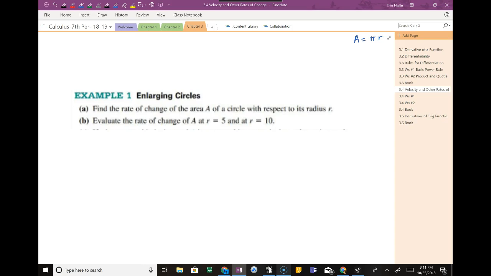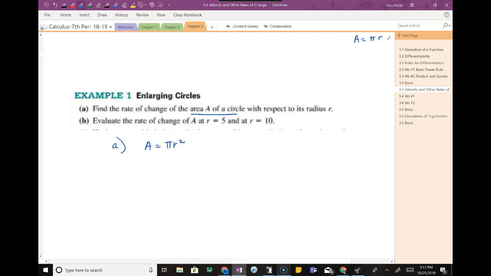All right, so the first thing it says is find the rate of change for area with respect to r. So we're going to have an equation that has an r in it. Does anybody happen to know the area of a circle? The area is pi r squared.